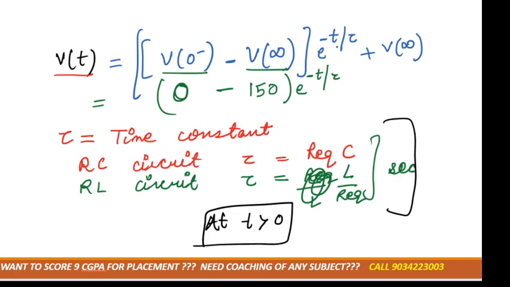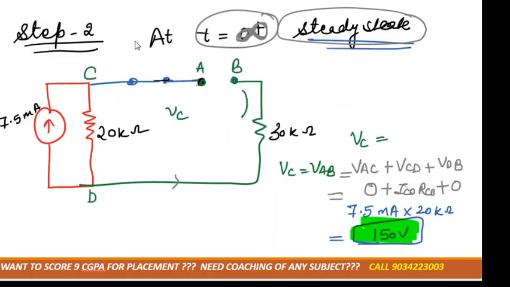Tau we didn't know, we'll calculate it. And V of infinity is again 150. We have calculated the voltage across infinity, that is 150 volt.